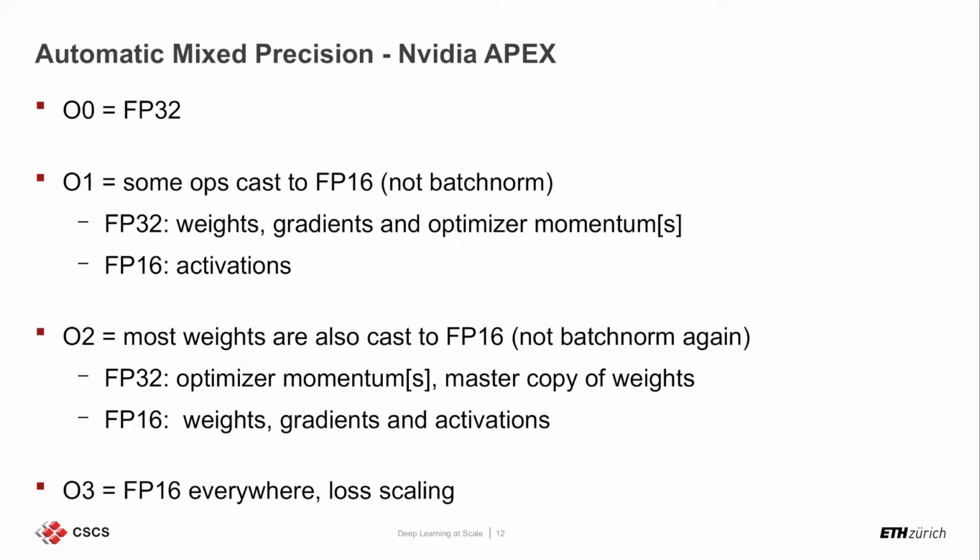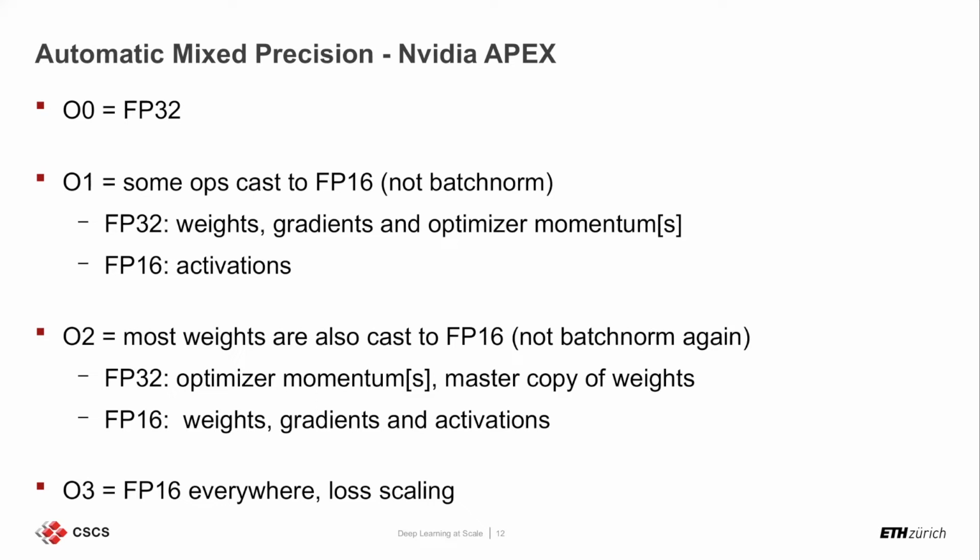So in float 16, we have the weights and the gradients as well, because now the operations are actually between float 16 and float 16, right? The inputs and the activations are in float 16, and the weights are also in float 16. So you don't actually need to cast the operations anymore. Yeah, apart from the batch norm, as usual, right?